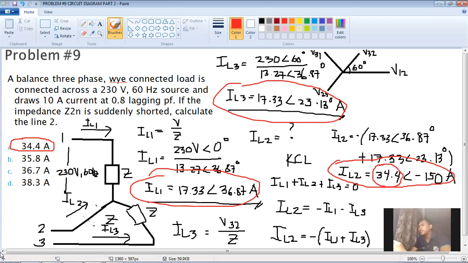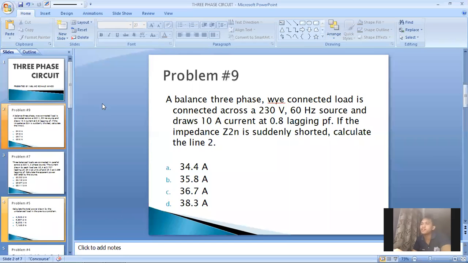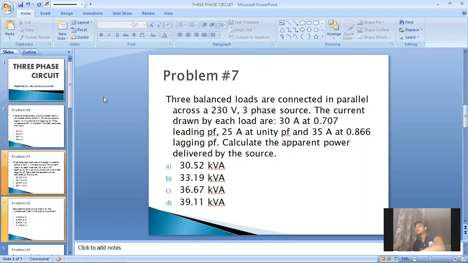So moving on to our next problem. Three balanced loads are connected in parallel across a 230 volts 3-phase source. The current drawn by each load are 30 amperes at 0.707 leading power factor, 25 amperes at unity power factor, and 35 amperes at 0.866 lagging power factor.